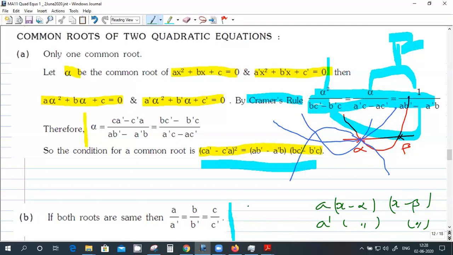Basically, one parabola has A, B, C as coefficients, and another one has A prime, B prime, C prime as coefficients, and these are the common roots. So if these coefficients are in the same ratio, then you have the same roots.